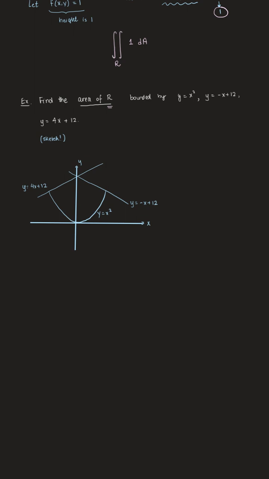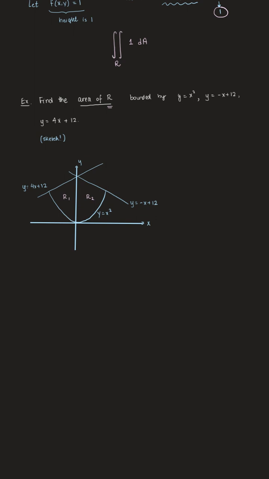No matter what I do here, whether I do y simple or x simple, it's going to change between two different functions. So my approach is going to be this. I'm going to label the left as R1 and the right part as R2, and I'm going to do y simple.